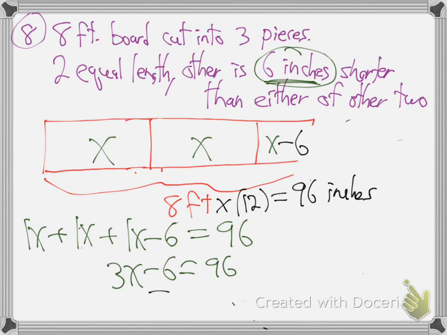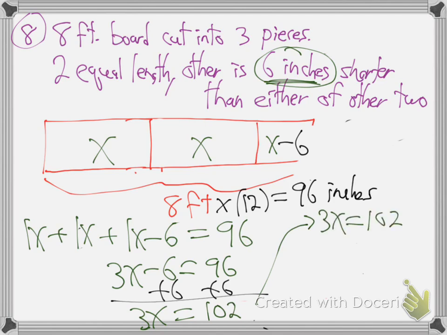Add 6 to both sides, and we get 3x is 102. Last step to get x alone, divide by 3. X is 34. So x is 34 inches.